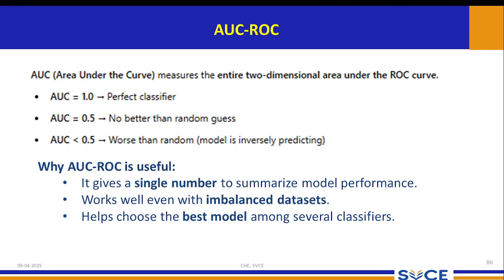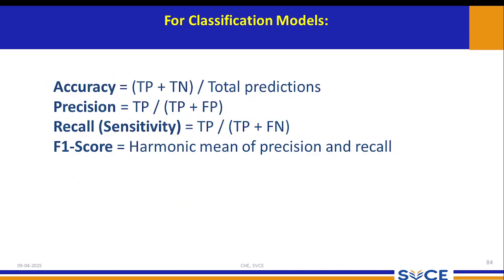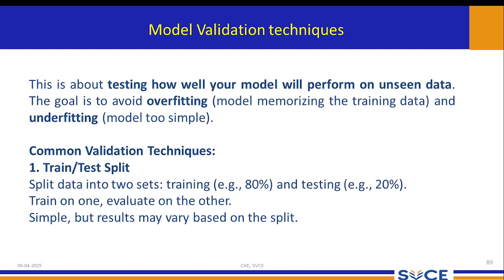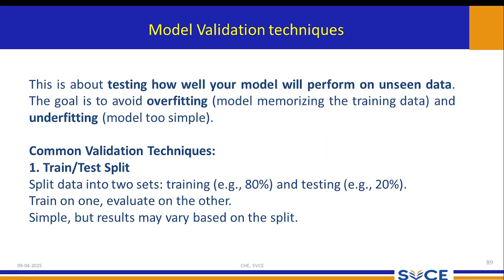All this will help you analyze things. Area under the curve for a perfect classifier is the ideal. So this is how to understand classifiers, regression models as well as classification models. These are the indicators which will help you say whether the model is really fitting the data or not, and how good the model is.